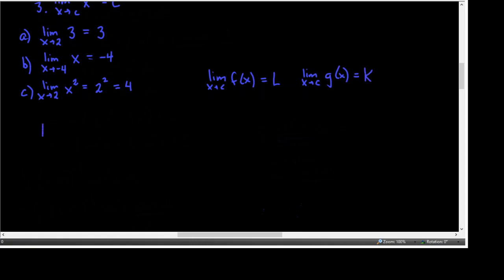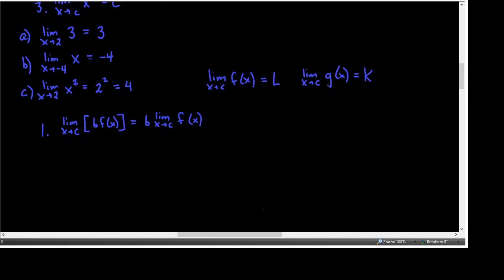And so the first one of these, called the scalar multiple, says that if we have a limit as x approaches c of some constant b times f of x, as long as f of x is one of those functions that we can find by substitution, we could substitute that in, but our answer would be b times that limit as x approaches c of f of x.